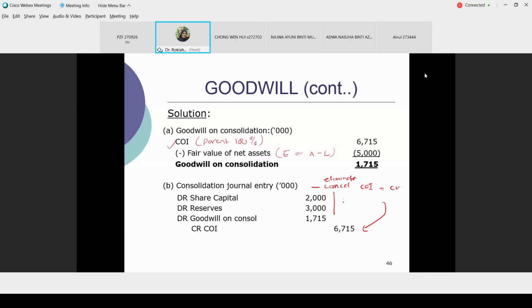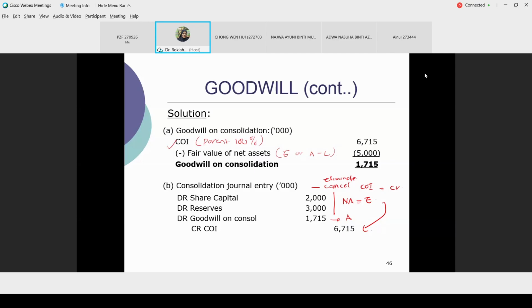Debits here will be your net assets, which is equal to your equity items: share capital 2, reserve 3, so altogether you have 5. The difference that you have here is the goodwill. The goodwill here will be recognized as an asset in the statement of financial position in the parent's accounts.